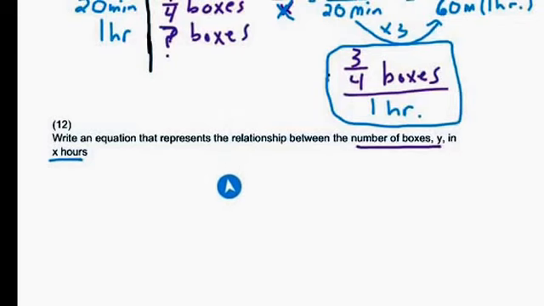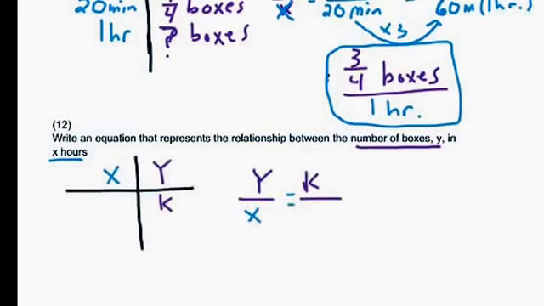In fact, we've done the work we need to do in 11 to write our equation. So think about what number in 11 we've already found that we'll use in our equation, and go ahead and write it. So remember, to write our equation, we need to find the constant of proportionality k.